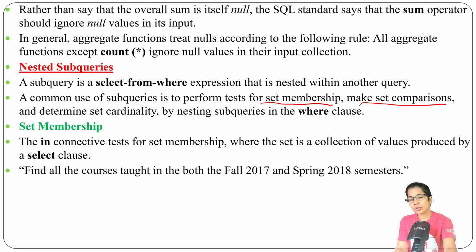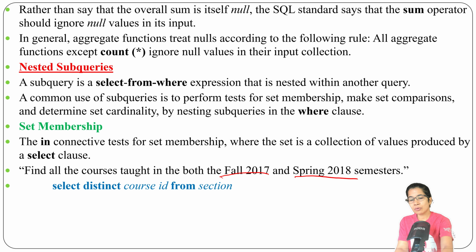Find all courses taught in both the fall 2017 and spring 2018 semesters. So first we will check all courses taught in fall 2017. Then we will check the same courses also in spring 2018. We will use the in connective here for checking set membership.